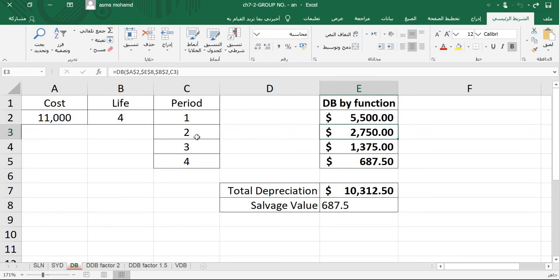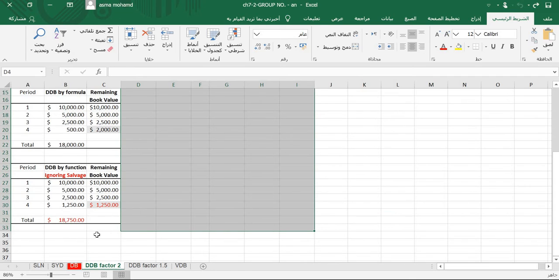In the 2nd row we need it to calculate for the 2nd period, and in the 3rd row we need it to calculate the 3rd period, and for the 4th row we need to calculate the 4th period, and so on. Now this is also an easy task.